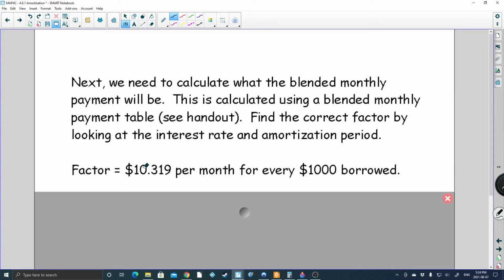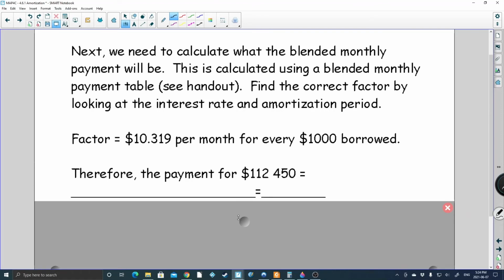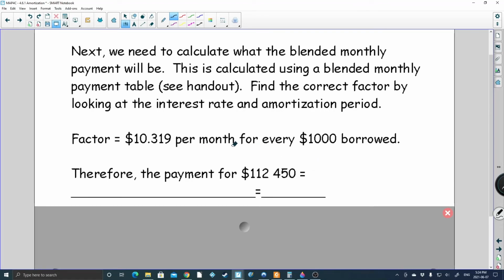So that's where we get this number, and that's for every $1,000 borrowed, but we're borrowing $112,000. So how do we calculate what our payment is going to be? Well, I have to divide 112,450 by 1,000 to find out how many thousands of dollars there are in there. So we're going to divide by that number, and then we're going to multiply that by the 10.319.